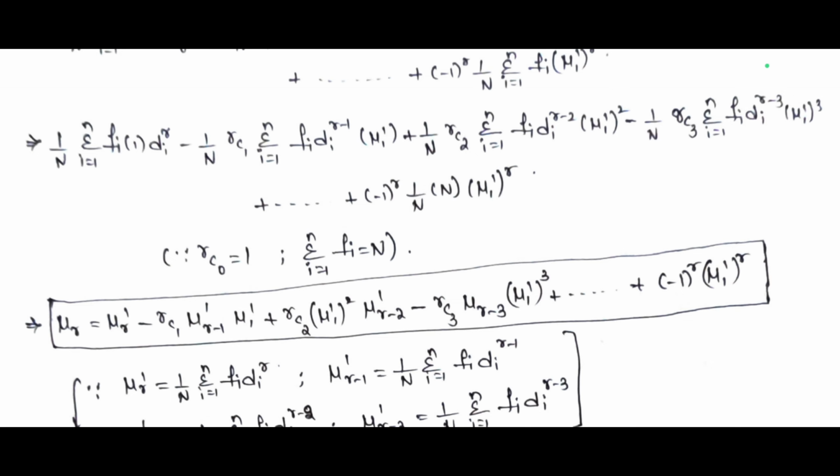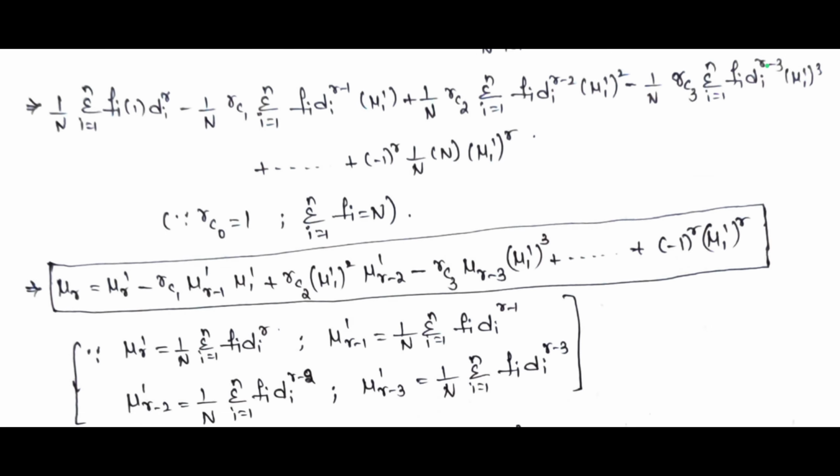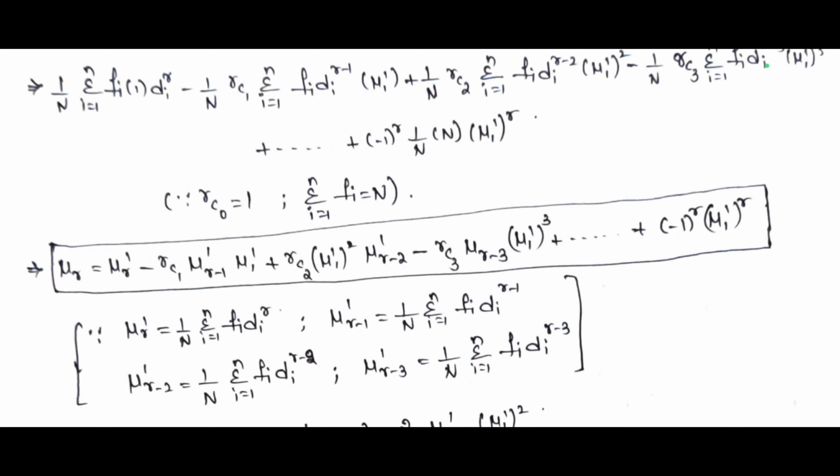Simply, mu r dash is equal to 1 divided by capital N into fi into di to the power of r, where xi minus a is supposed to be di. So mu r dash, and similarly mu r minus 1 dash, and so on.